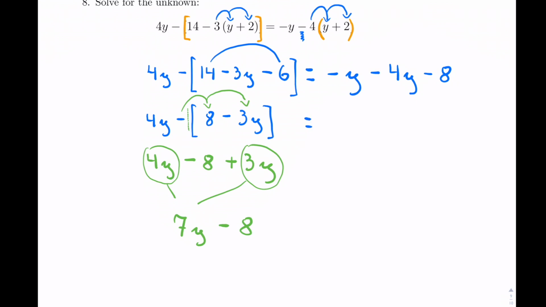So now, taking these two terms, it's going to give me negative 5y minus 8. And that's as far as I can simplify that. I can't really do anything else. So let me just carry it down.